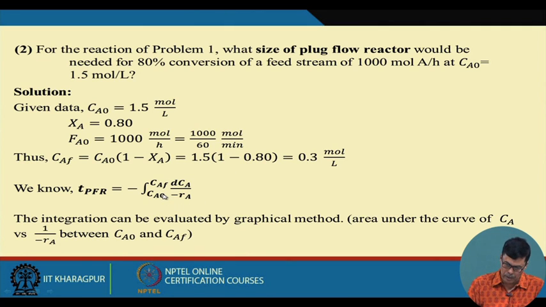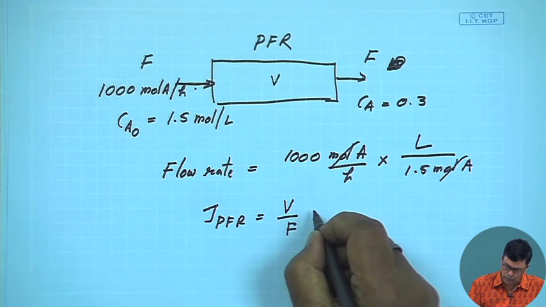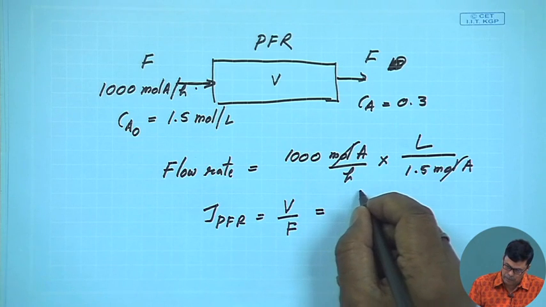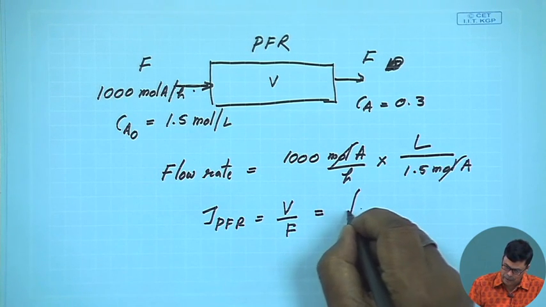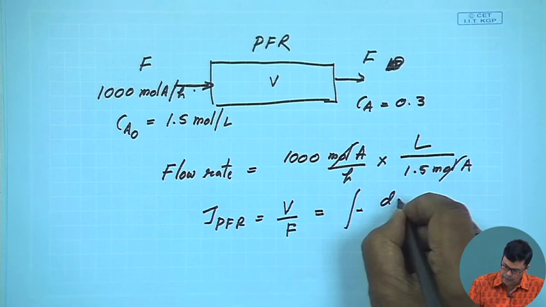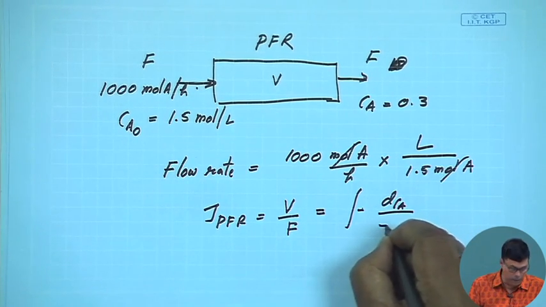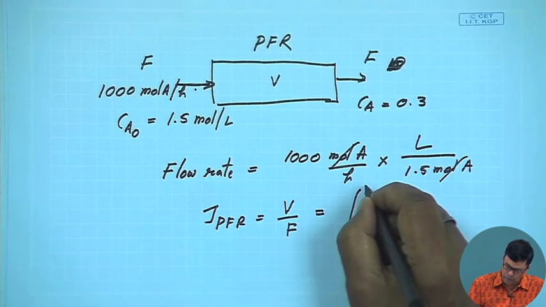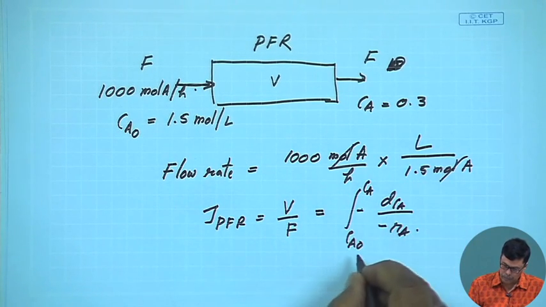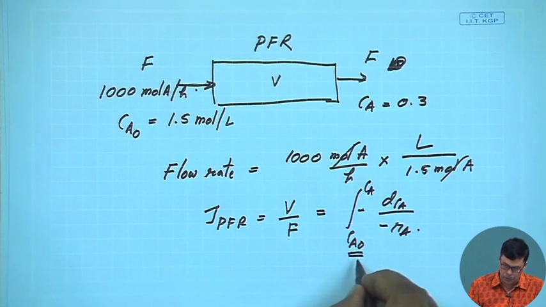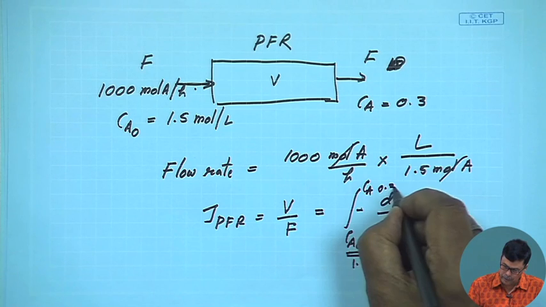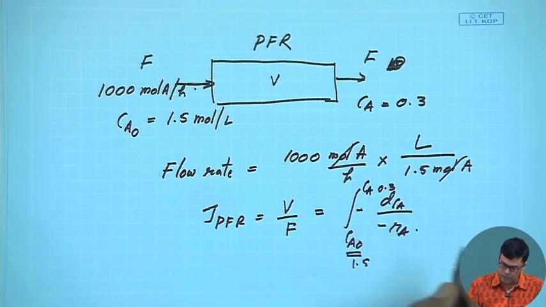Now in case of tau plug flow reactor also, the expression is similar to your batch reactor. This is minus dCA by minus RA, that is, from Ca0 to Ca, 1.5 and this is 0.3 that we have, and we shall have to do the integration like this.